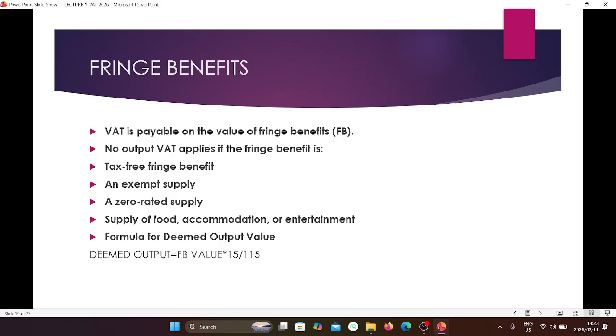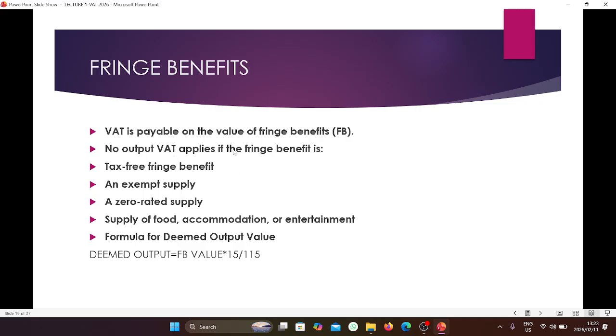And how will you calculate it? It would be your fringe benefit value multiplied by 15 over 115 for all your deemed supplies. That is how you're going to calculate it. And the VAT is payable on the value of the fringe benefit.